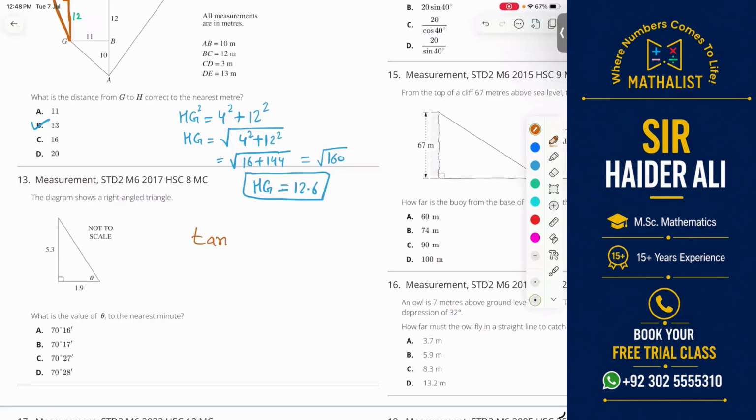Okay, tan theta equals opposite over adjacent. Now tan inverse moves to the other side. And one thing more: when points are in the same position, point cancels with point, or you move the point and write 10, 10 cancels with 10. Otherwise the points cancel, and now you have only 53 and 90.